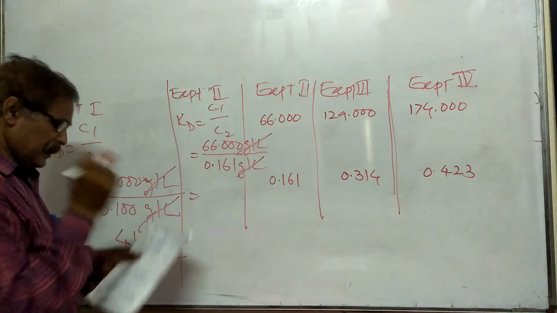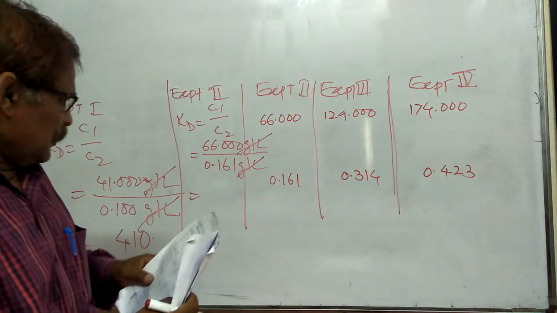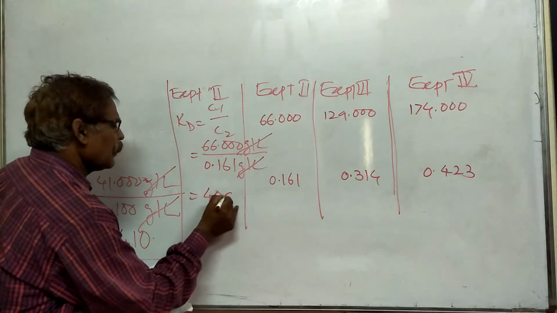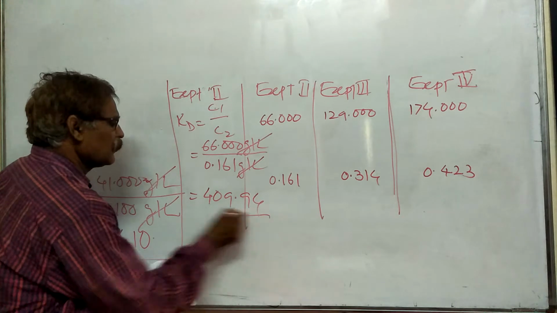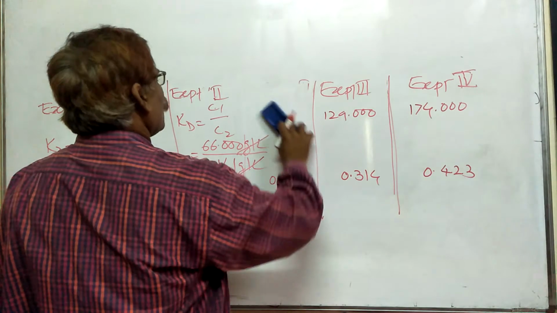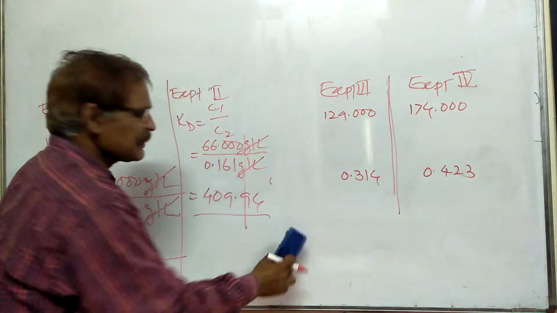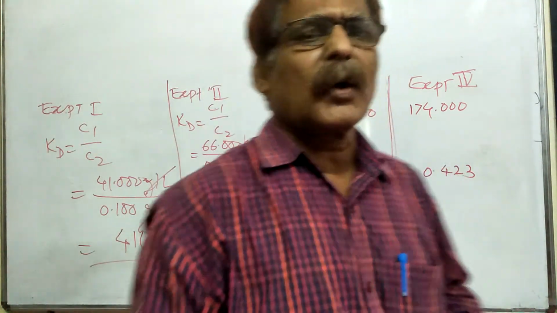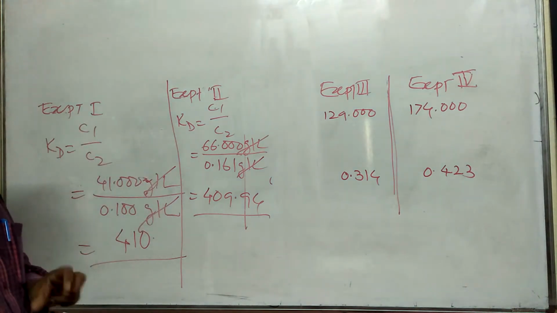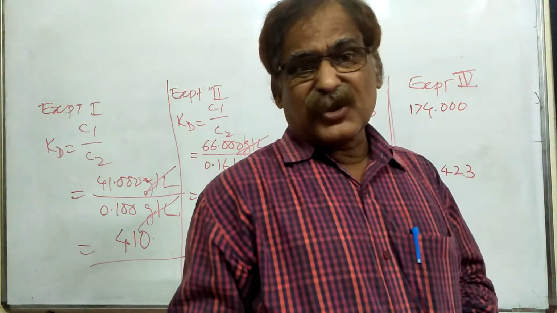Grams per liter cancels, and 66.00 upon 0.161 becomes 409.94. So the partition coefficient of iodine between carbon disulfide and water in experiment number 2 is 409.94.